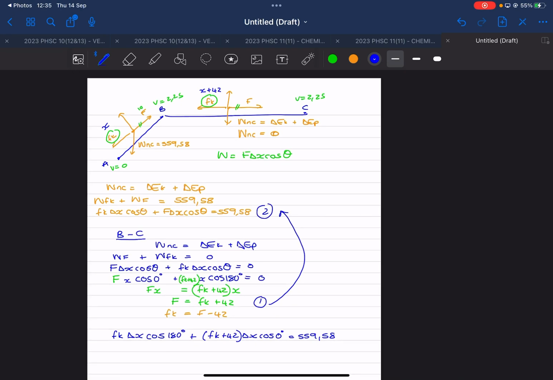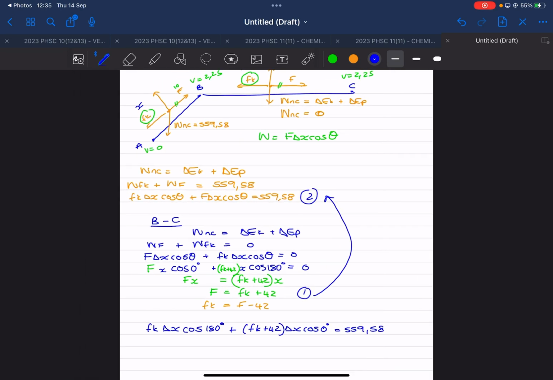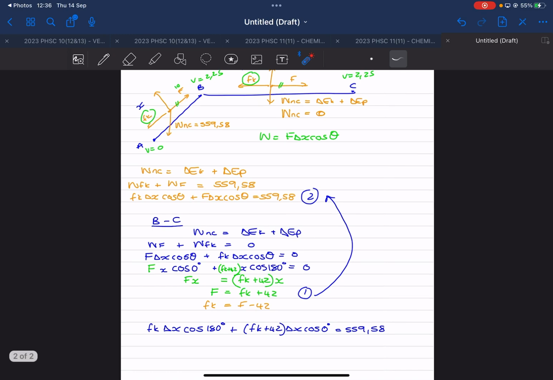Okay, ek gaan net gou weer sê hoekom 180, hoekom 0. This is fk is in the opposite direction of motion. 180 grade. Hoekom 0? Want F is in the same direction of motion, so dis 0 grade.